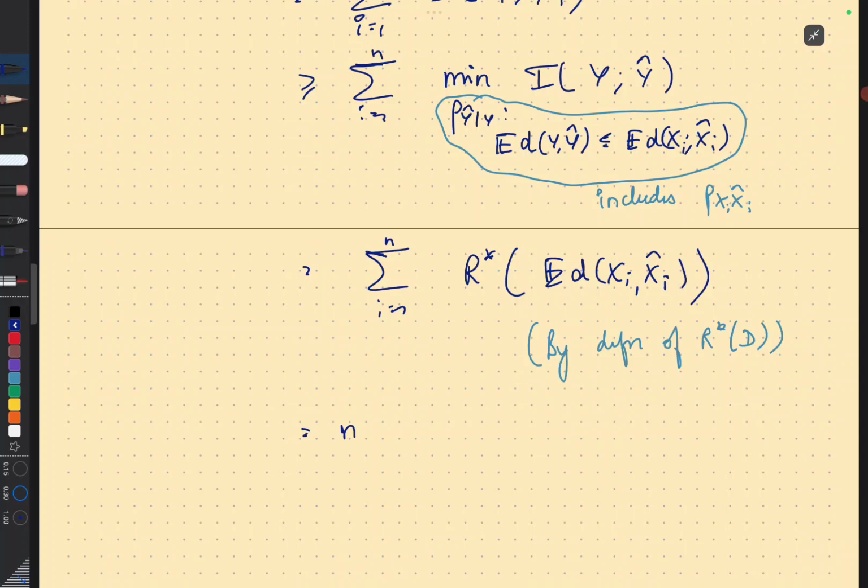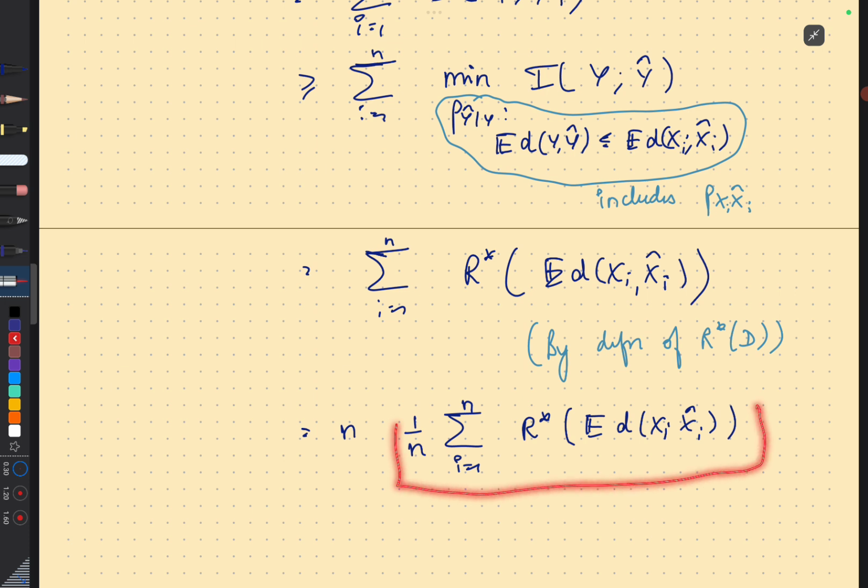This is equal to n times 1 over n times the summation i equal to 1 to n of R star of the expectation of d(xi, xi hat). I've just multiplied and divided by n. Okay?